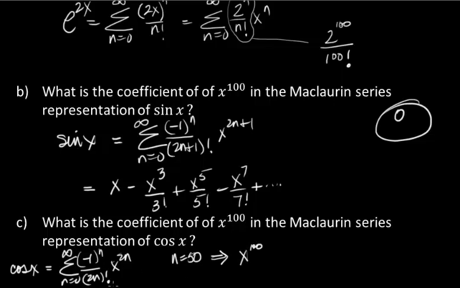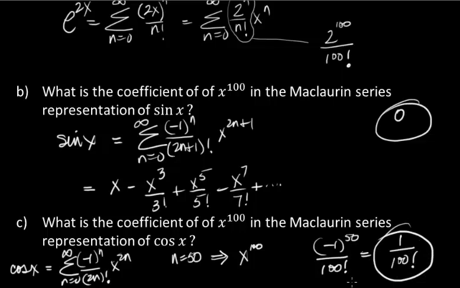So when n is equal to 50, the coefficient is minus 1 to the 50th over 2 times 50, 100 factorial, which is 1 over 100 factorial. So there we get a non-zero coefficient of x to the 100.